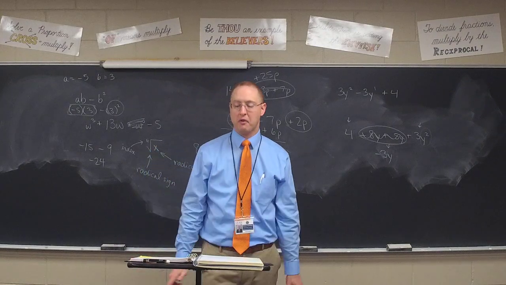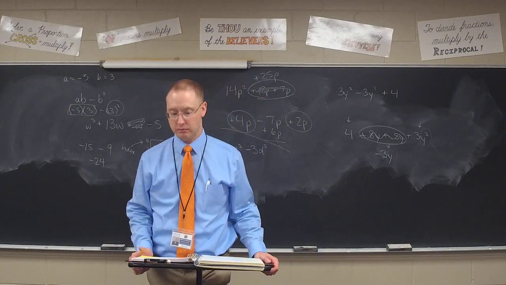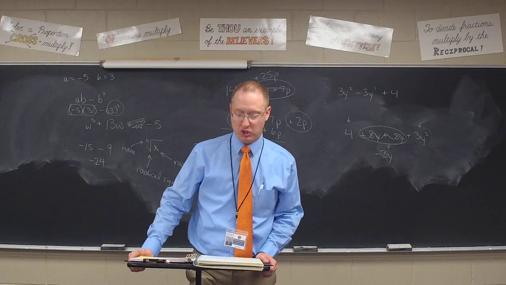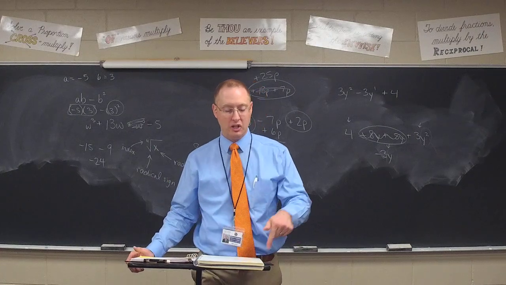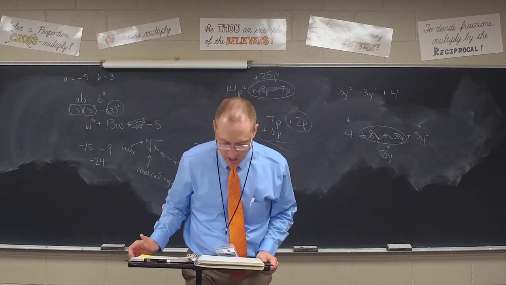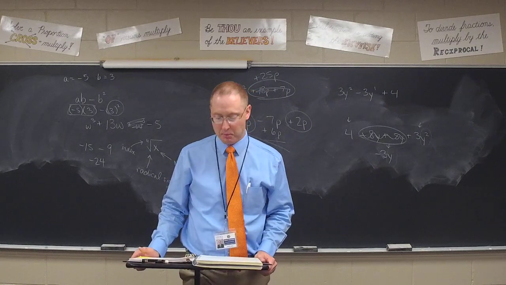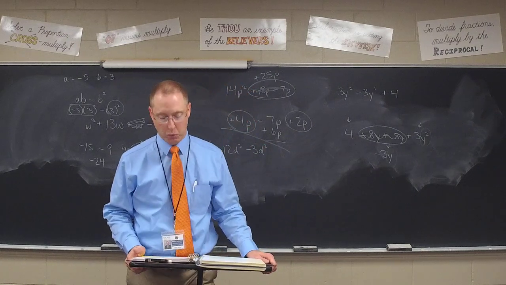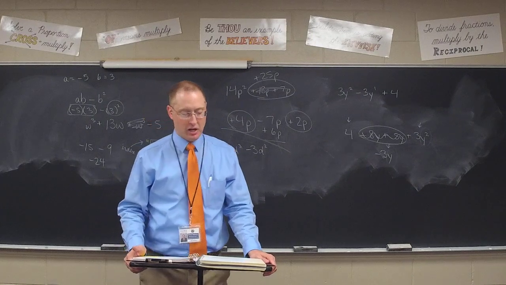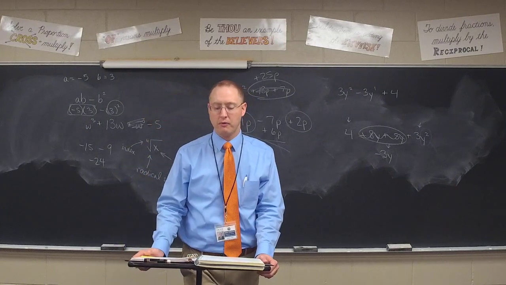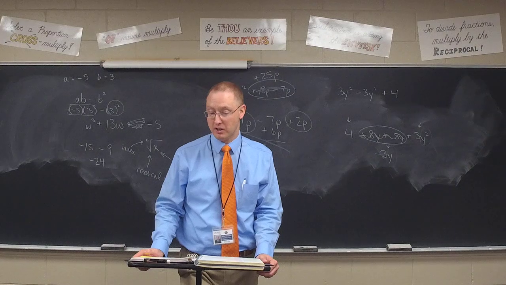Number 3, the square root of what is 1? 1. Number 4, the square root of 100 is what? 10. Number 5, the square root of 64 is what? 8. Number 6, the square root of 4 is what, class? 2. Number 7, the square root of what is d squared?